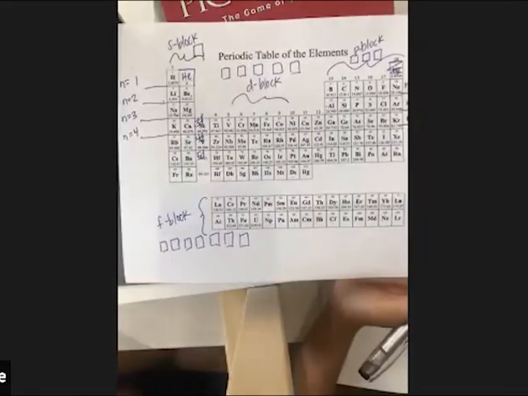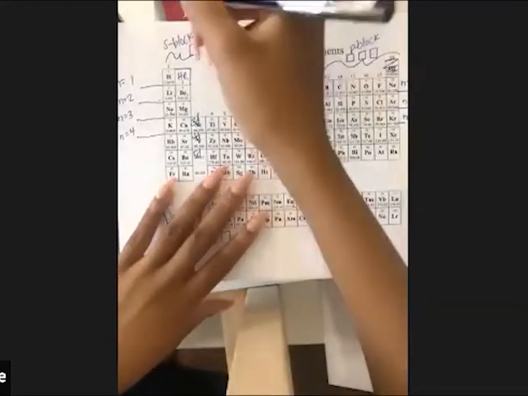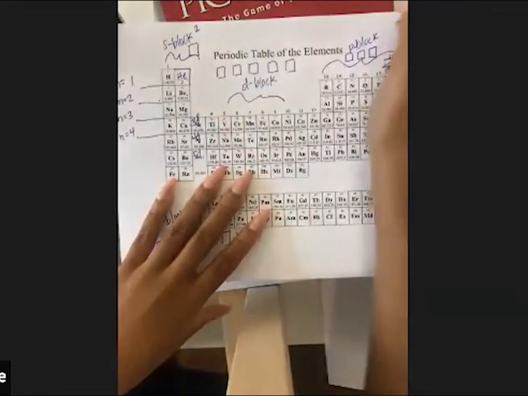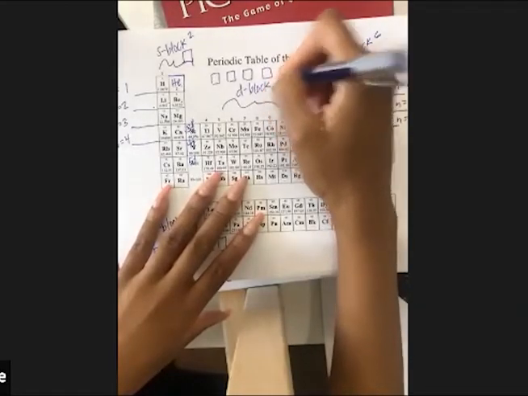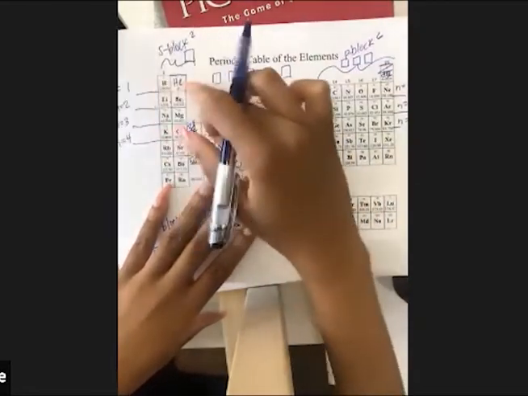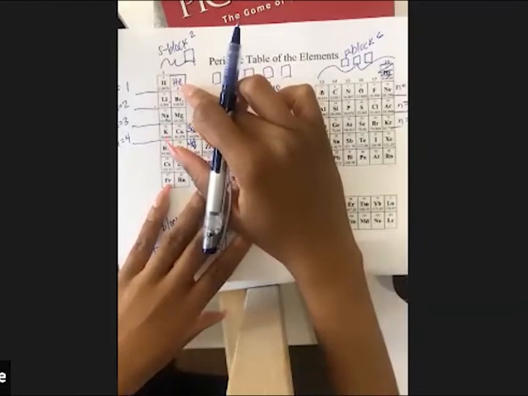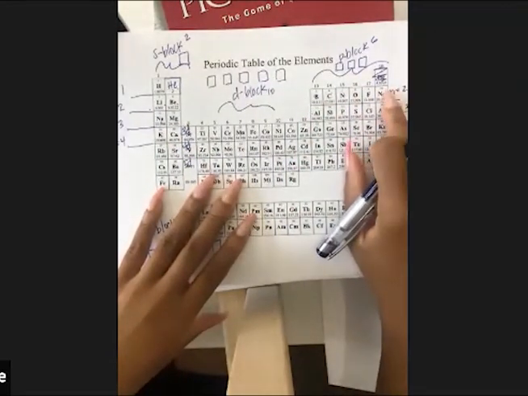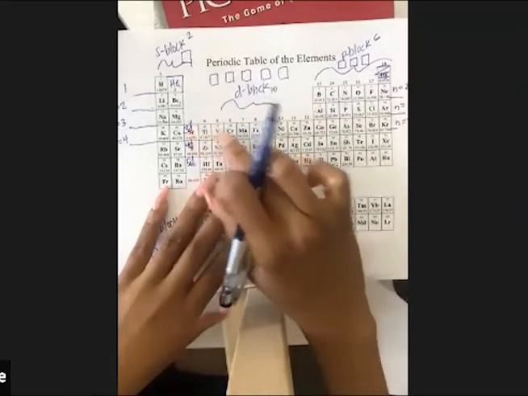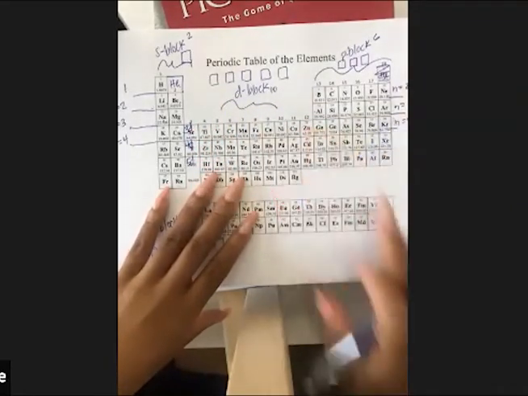So just remember, we have to complete each row. The S block goes up to 2, the P block goes up to 6, and the D block goes up to 10. So if we complete a row for S, it's always going to end in 2. If we complete a row for P, it's always going to end in 6. And if we complete the D row, it's going to end in 10.